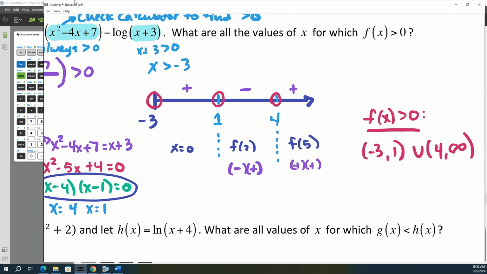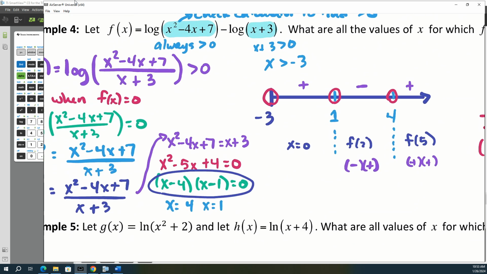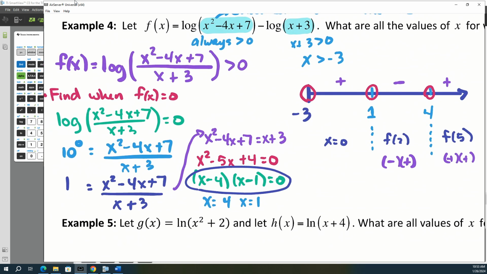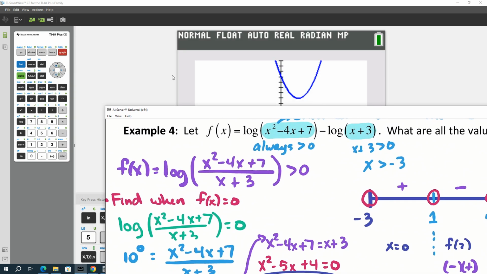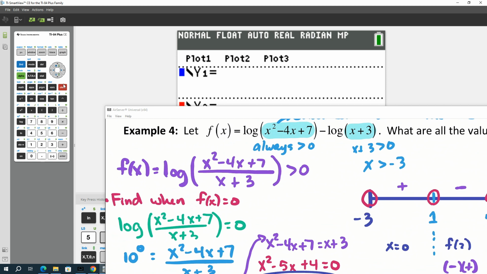All right. I want to show you, there are a couple of questions on your homework that I just straight tell you to do in the calculator. So I want to show you how to do that. If this question was to use a calculator to solve, what we would do is just plug the function into y1. Do you guys know how to do just log?